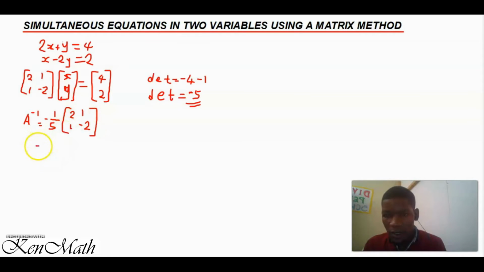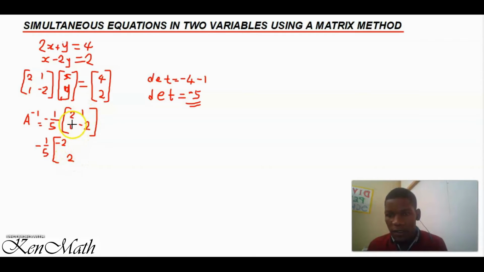So we'll say negative 1 over 5, and then for the inverse, first of all, you swap the elements in the major diagonal, so negative 2 here and 2 there.